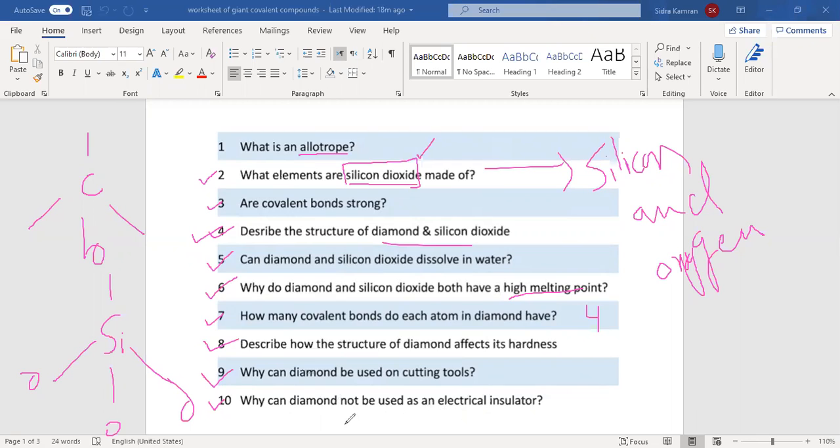It can be an electrical insulator because it does not conduct electricity. So I guess the word not should not be here. Diamond cannot conduct electricity as it has no delocalized electrons or ions which are free to move. So diamond is a bad conductor, but it is used as an insulator.